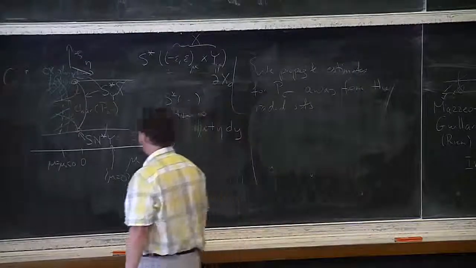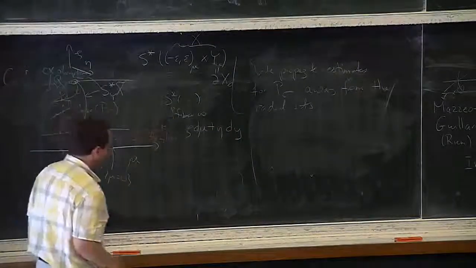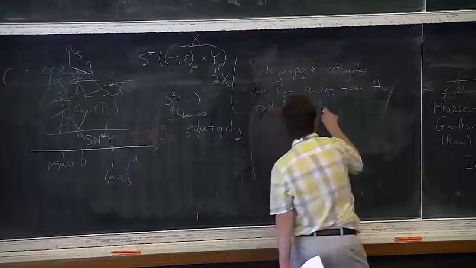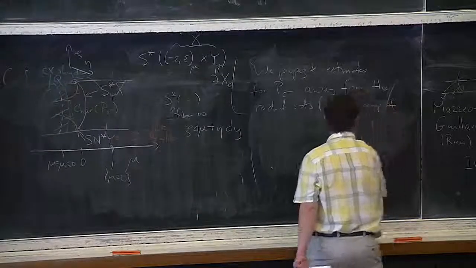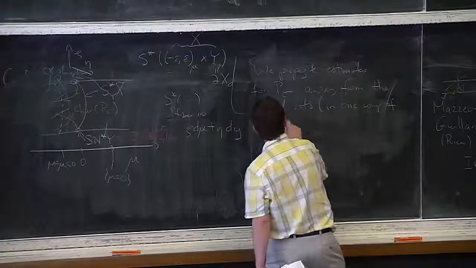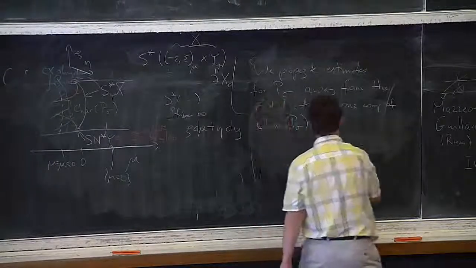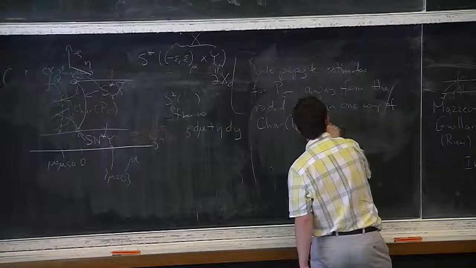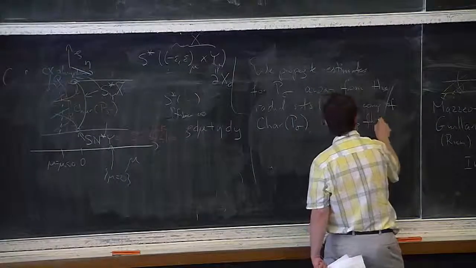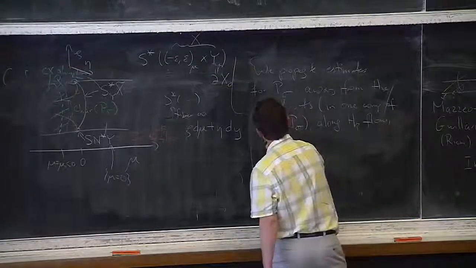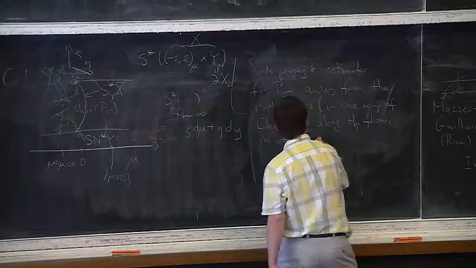And so this means, in one component of the characteristic set, along the H_p flow, so forward, and in the other, against it, so backwards.